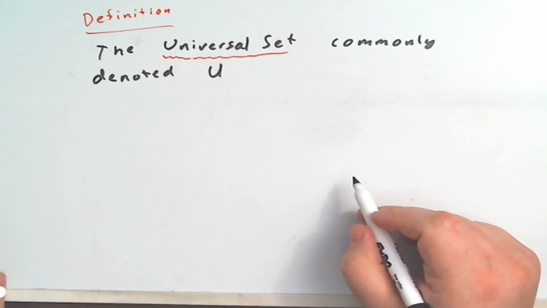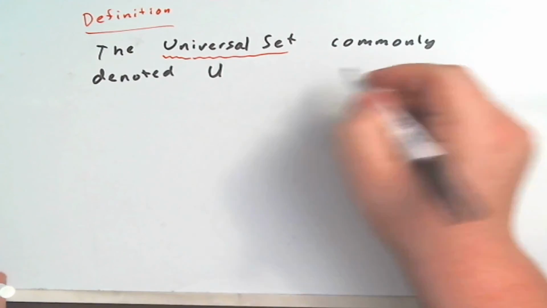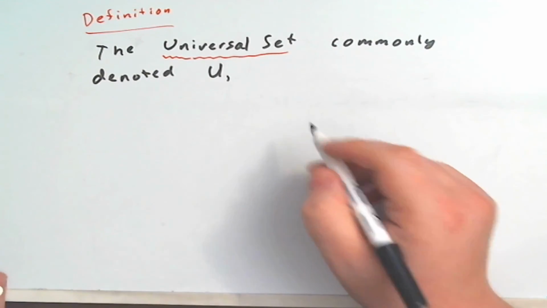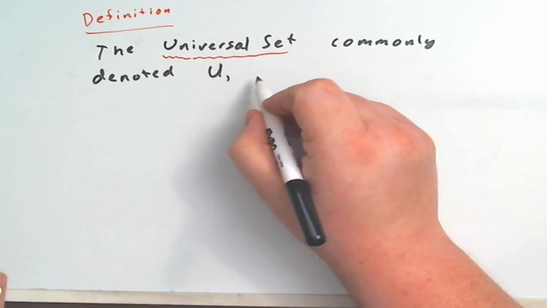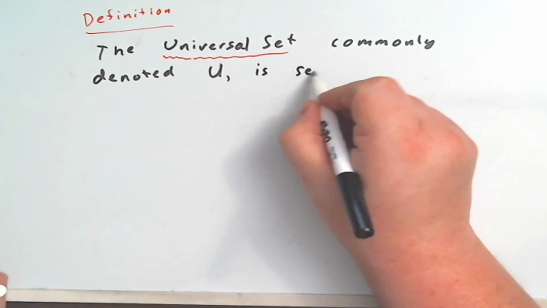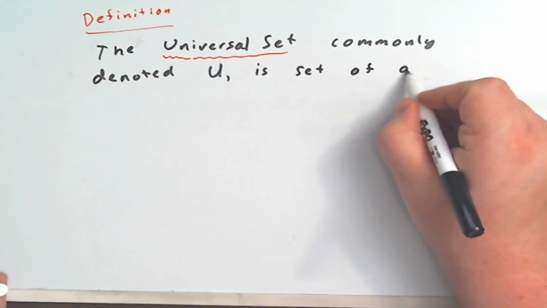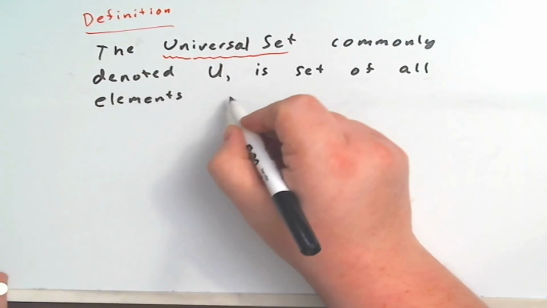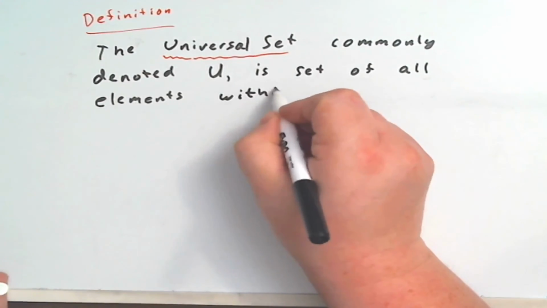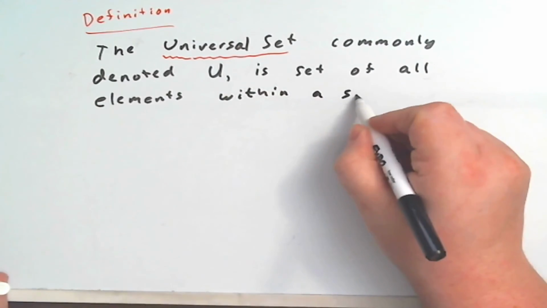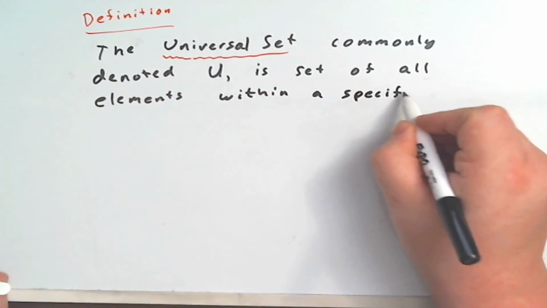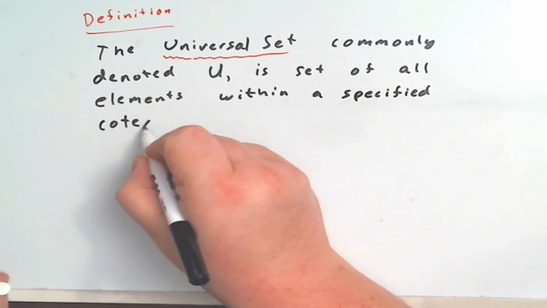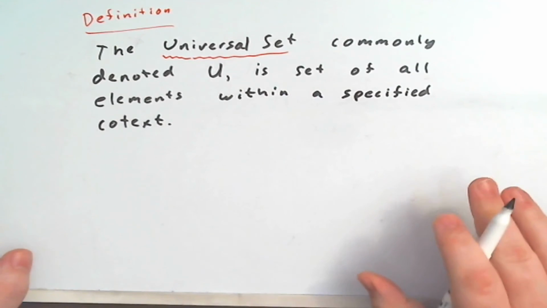And the universal set, which is denoted this way, is the set of all elements within a specified context.